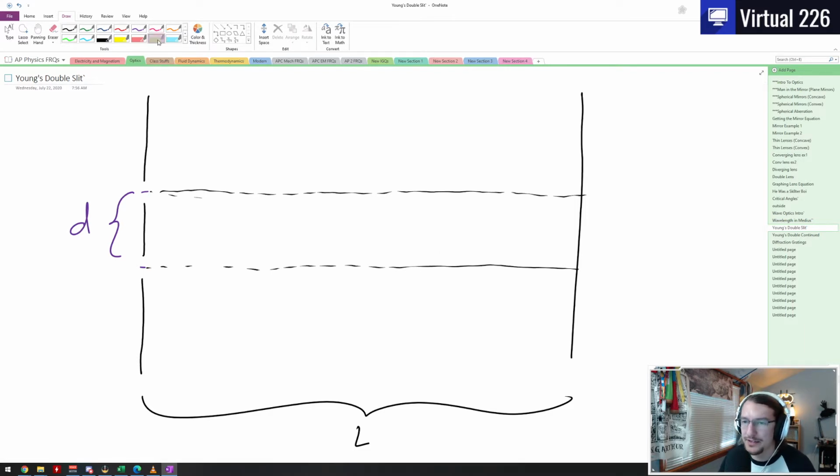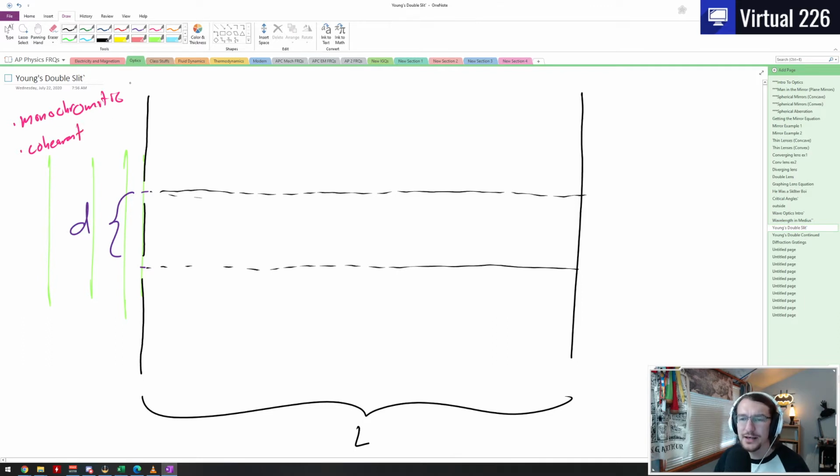Well, we shine some light onto these double slits. It comes in from the left, and as light is acting as a wave, here it comes, and then bam, it hits the double slit. An important feature is that our light has to be monochromatic, and it is coherent.